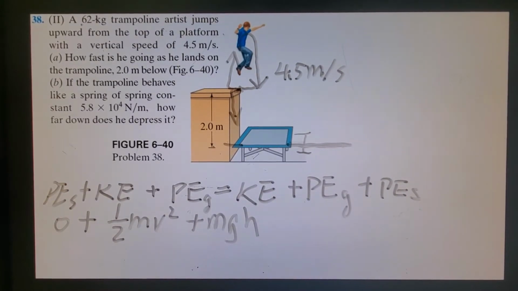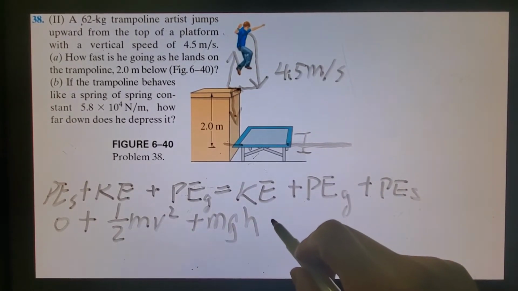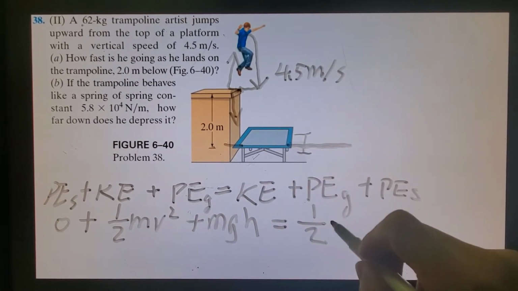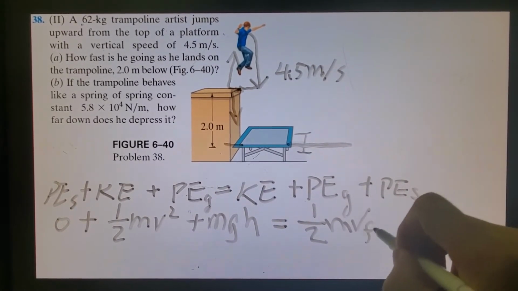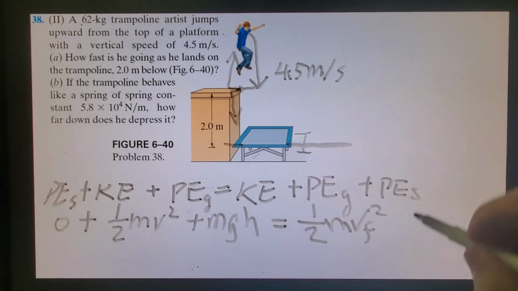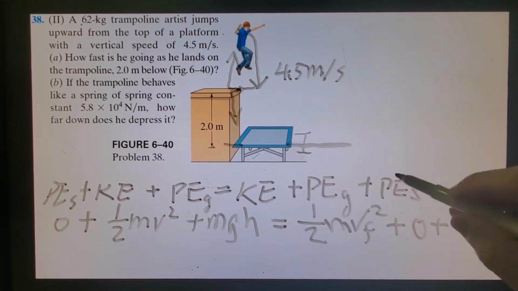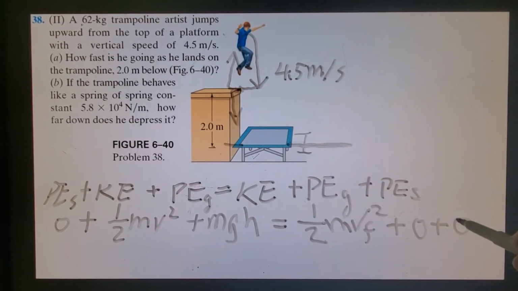That will be equal to kinetic energy, half mv final squared, plus the potential energy due to gravity, plus the potential energy due to the trampoline, which right before hitting it is 0. So how do we do this? We just have to plug in all the numbers.